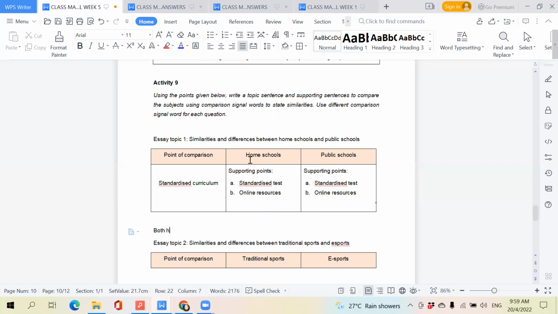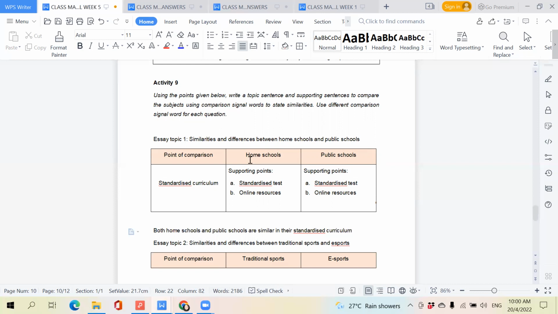So you can say things like, both homeschools and public schools share similarity in terms of, are similar in terms of their standardized curriculum.